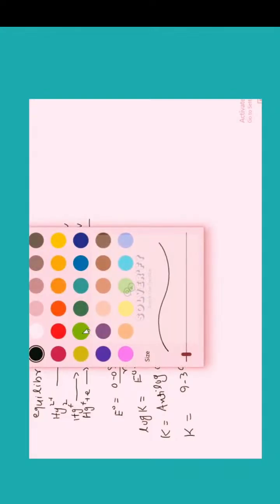So K is equal to, calculating the value and then taking the antilog, we will get that K is equal to 9.39 times 10 raised to the power minus 3, which is the required answer to the question.